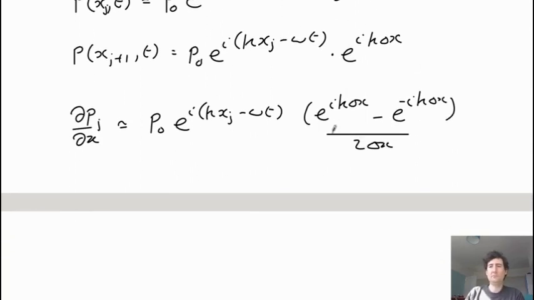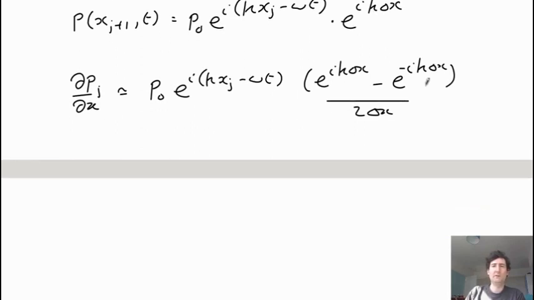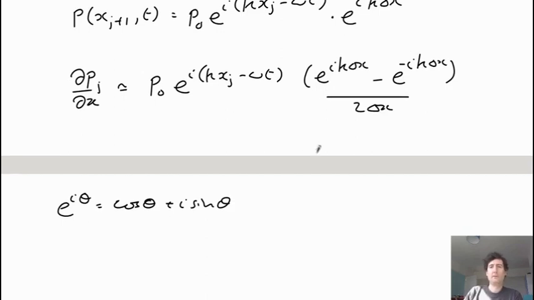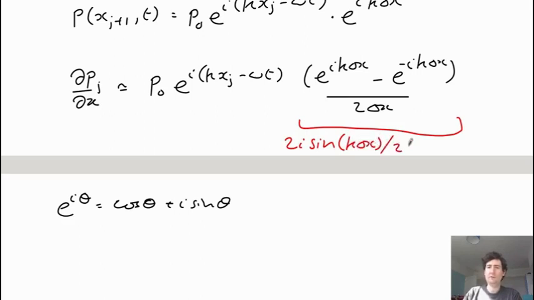And here we can start to use some relationships to turn these into sines and cosines. So we have e to the i theta is just cos theta plus i sine theta. And so this obviously cancels out the cos terms, and so this turns into a 2 times i times sine theta. And so this whole thing here will turn into a 2i, we have a sine k delta x divided by 2 delta x.